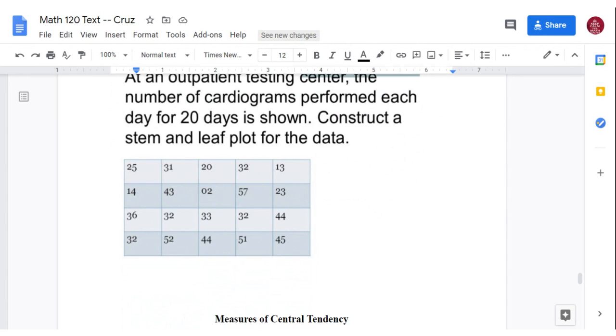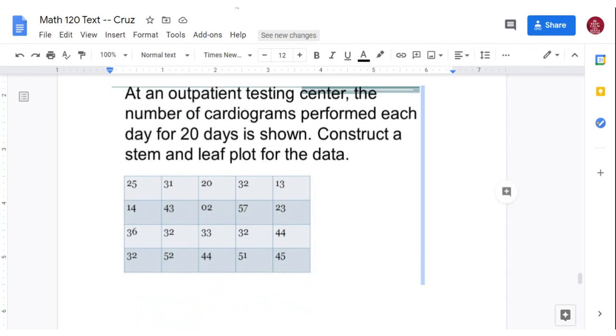Let's see, it was a stem and leaf, and I'm going to upload that into my Google board and show you how this works. So let's see, I'm going to start a new one and then do it.